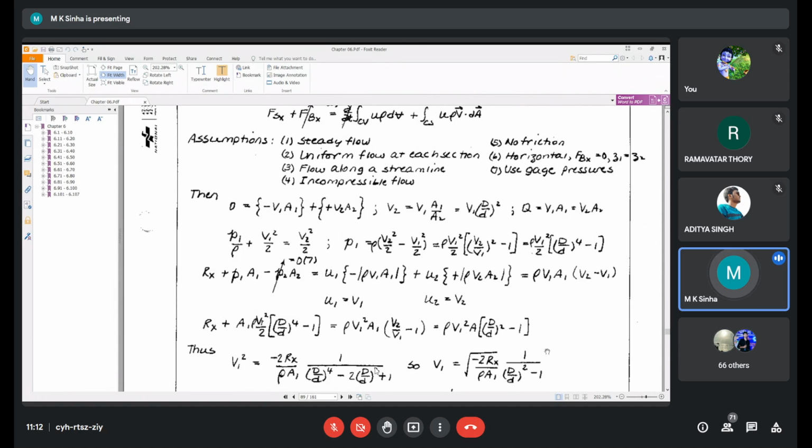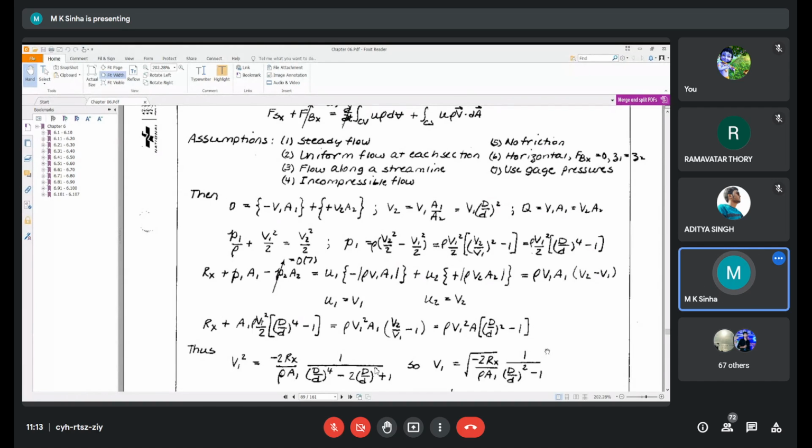So the pressure force acting on the left side equals the mass into velocity on the right side. The left side is the summation of forces and the right side is the momentum. P1A1 minus P2A2, with P2 equal to 0, so only the reaction force is added: Rx plus P1A1 equals rho V1A1 into (V2 minus V1).